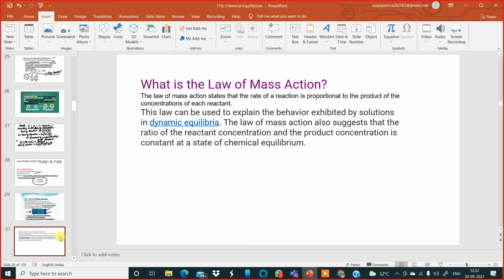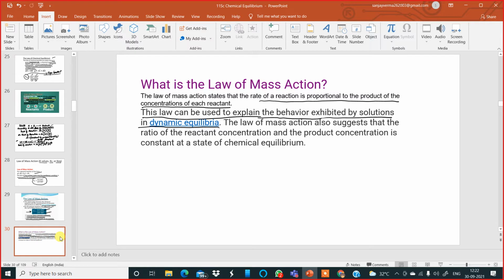So here we do not include pure solids and pure liquids in the concentration terms of the reactants and the products. Then, what is actually the law of mass action? The law of mass action states that the rate of a reaction is proportional to the product of the concentration of each reactant. We can also say that this law can be used to explain the behavior exhibited by solutions which are in dynamic equilibrium.